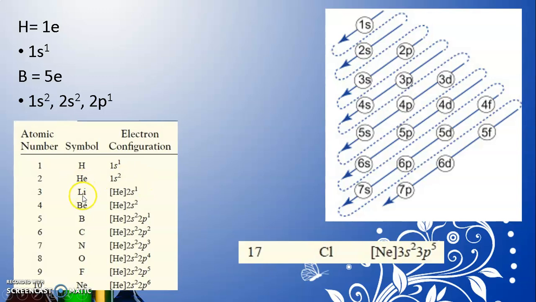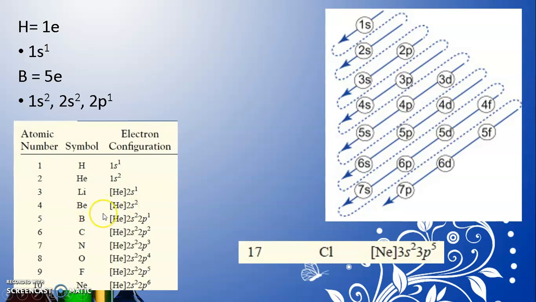For example, lithium: the noble gas element preceding lithium is helium. So the electron configuration of your lithium can be written as bracket helium and the remaining electron, which is 2s1. Lithium has 3 electrons.